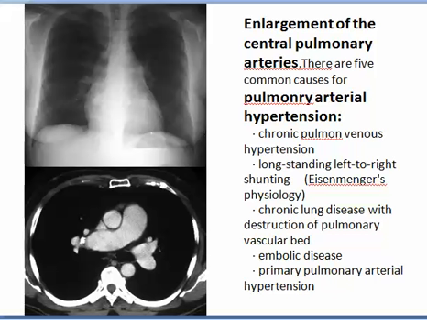Causes are shunts, chronic lung disease, embolic disease, and primary pulmonary arterial hypertension, but on top of all, chronic pulmonary venous hypertension occurring in mitral valve disease.